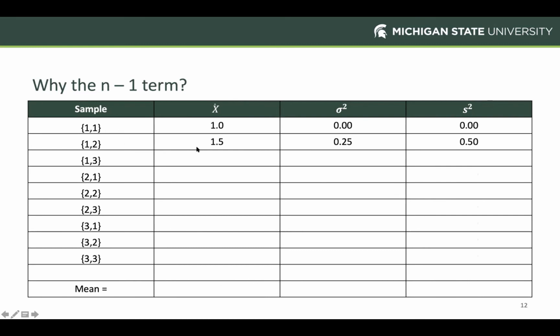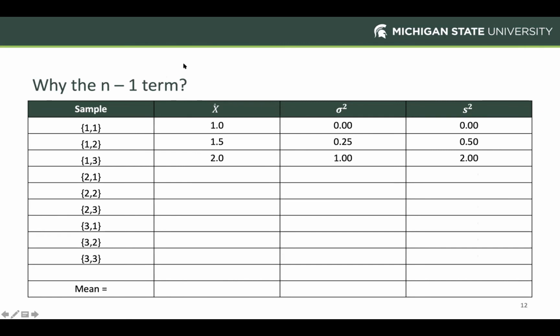If we think about taking the difference of each of these from 1.5, we would have 1 minus 1.5, that quantity squared, which is 0.5 squared, and then also 2 minus 1.5, that quantity squared, which is 0.5 squared. If we divide by n, which is just 2 in our case, we would have 0.25 for that estimate, okay? If we divided by n minus 1, we would have 0.5 for the sample variance, okay? Everybody with me at this point? Or hopefully anybody with me?